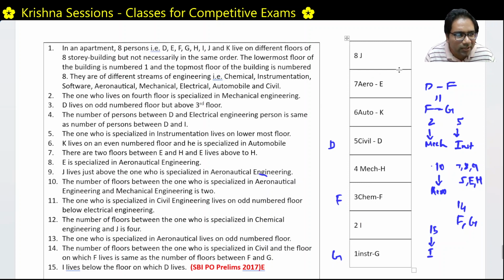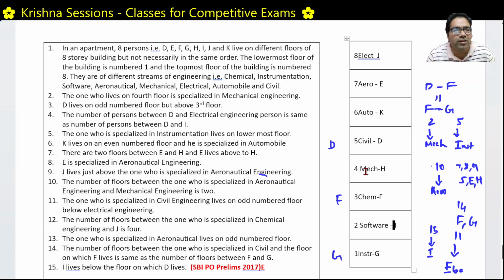As per condition number 11, now we are using condition number 11 to find out where is electrical engineering. As per this, this guy has to be electrical engineering, not I. That not only means this guy will become software, because software is the only thing that was left. So number of persons between D and electrical engineering is same as number of persons between D and I. There are two slots in between D and electrical engineering, and between D and I there are also two slots.